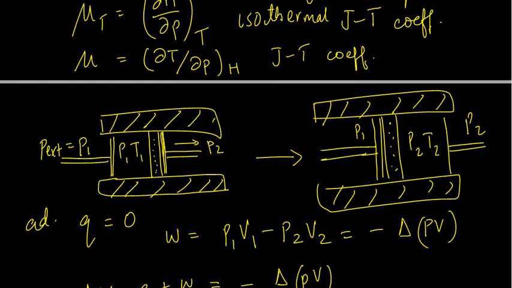A porous plug, a zeolite, for example, some of those things. I'm not sure what they use, but anything which is permeable to gases but not completely permeable. It does oppose some movement of the gases.